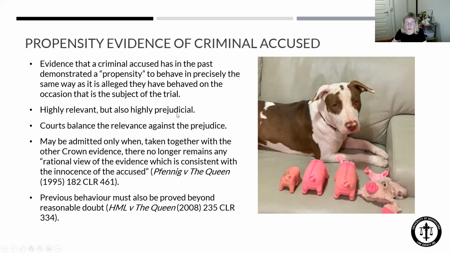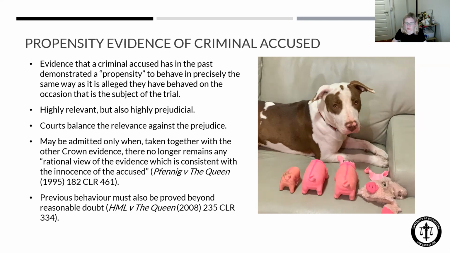In order to do that, you would need to argue that those past offences are sufficiently similar to what he's on trial for. The idea is to demonstrate that a person has a particular propensity to behave in a particular way, and therefore it's more likely that they have committed the offence in this particular case.